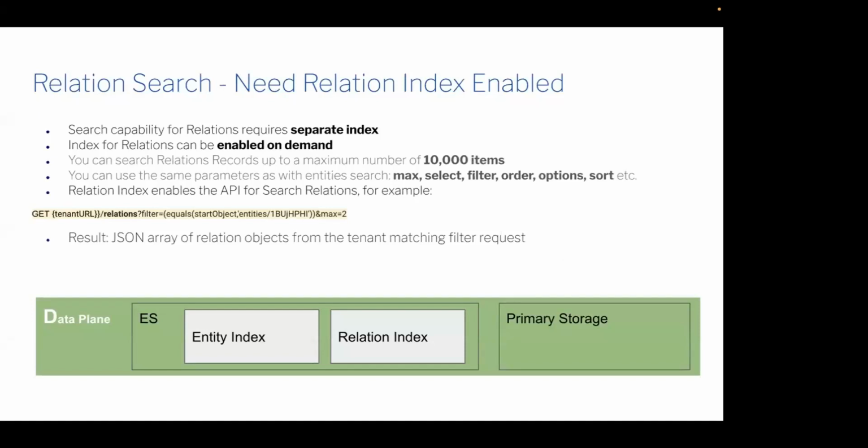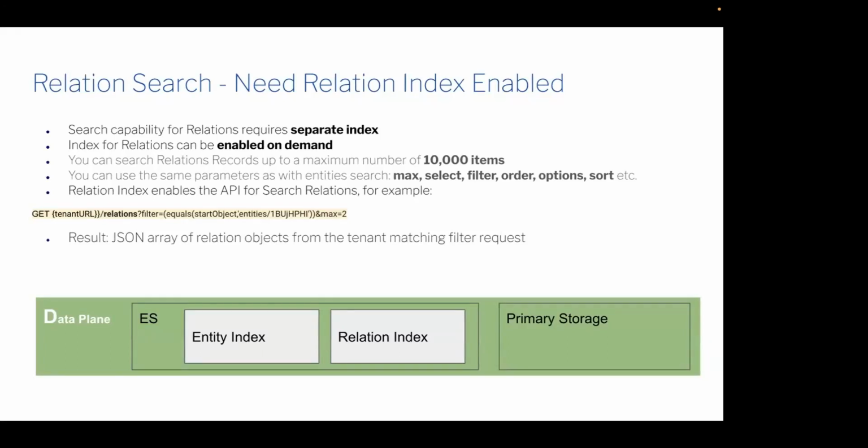Okay, so relations search. You can enable relation search on your tenant as well. Real quick, something to know about this is that it requires a separate index. On the bottom here, you can see that we already discussed the data plane layer, and there is specifically Elasticsearch.